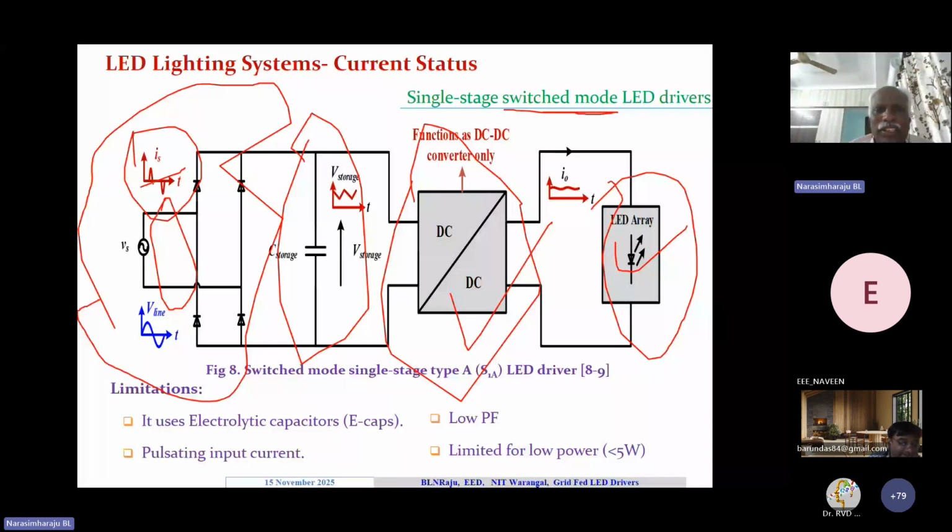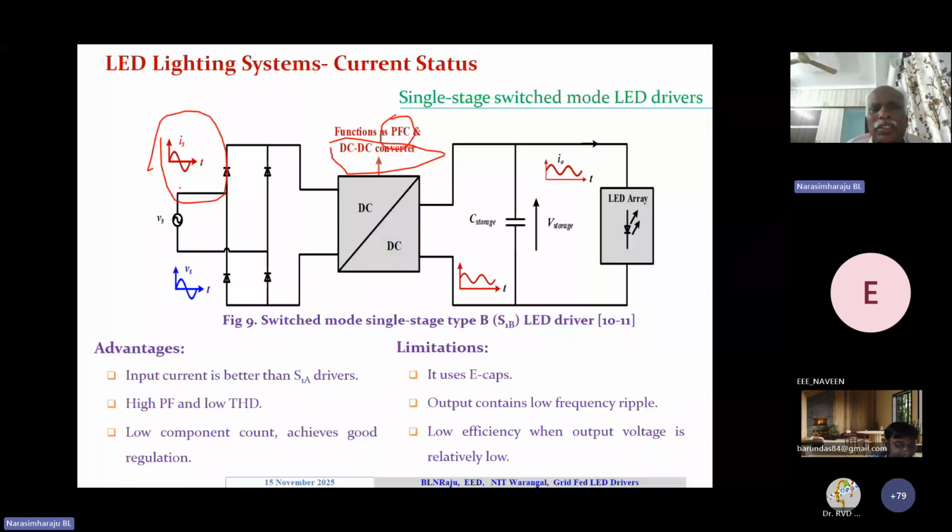But in the next one, these converters perform the step down DC-DC conversion process, and at the same time also work as a power factor correction circuit.